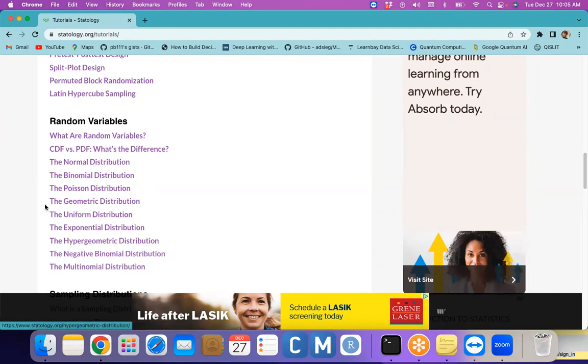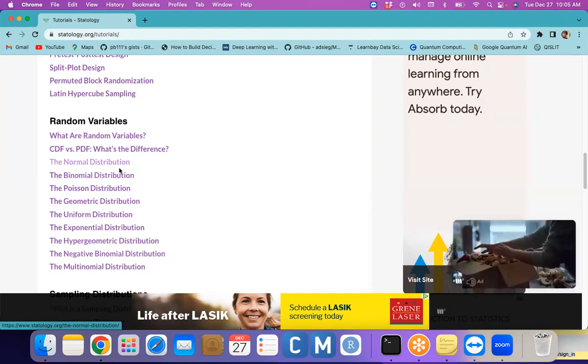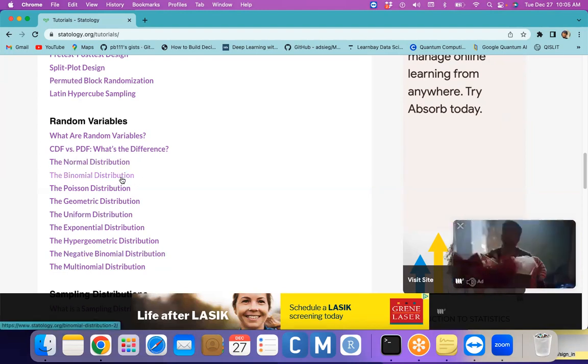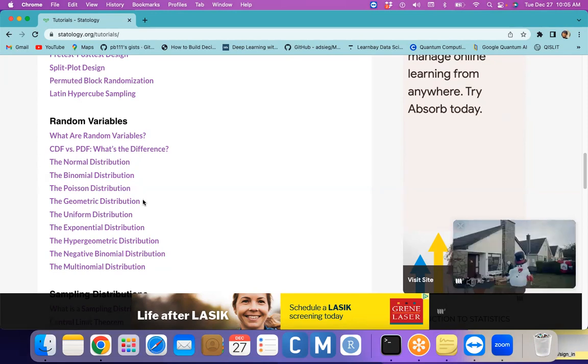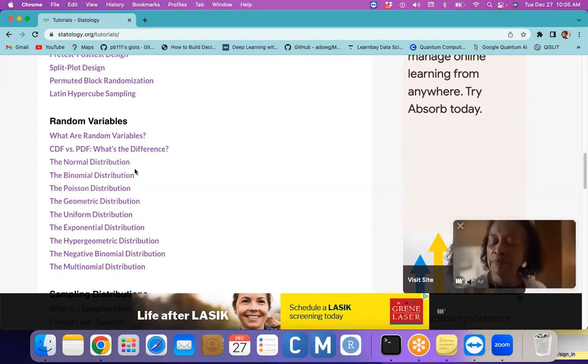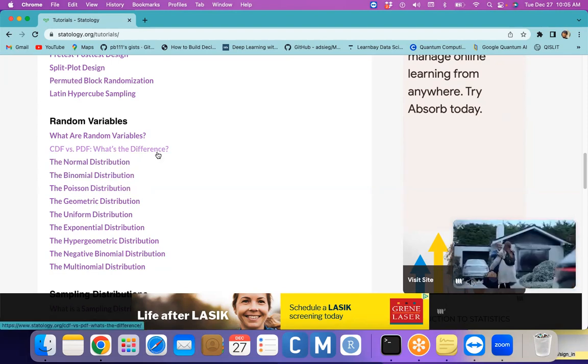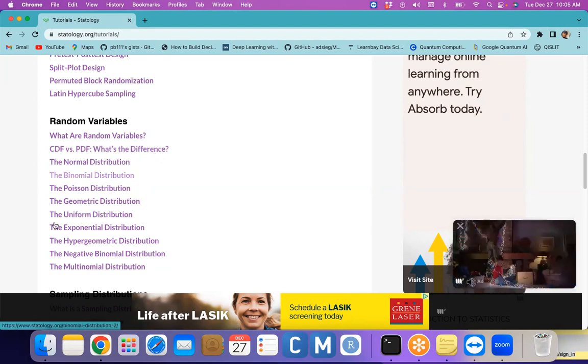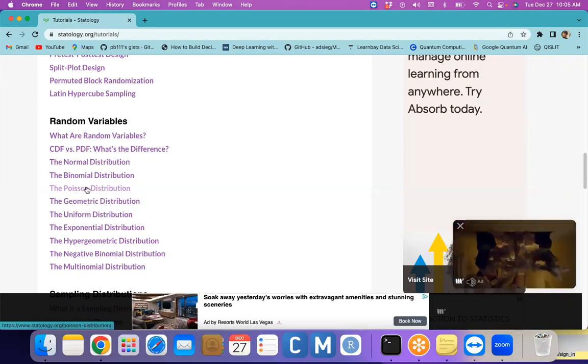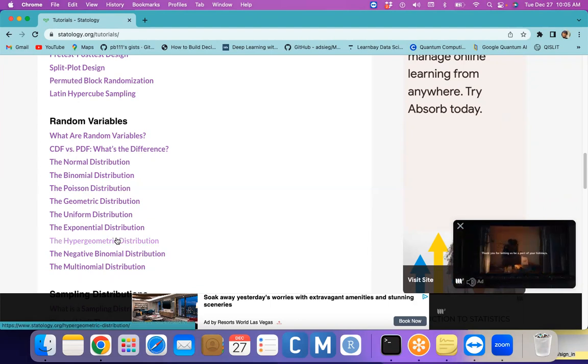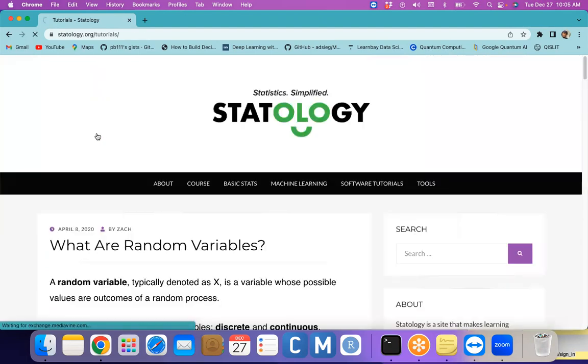But most of the time we are going to be using the normal, binomial, and Poisson distributions. Only these three we mostly concentrate on, and usually use more often. But you can go ahead and learn multiple distributions, that's not a problem for us.